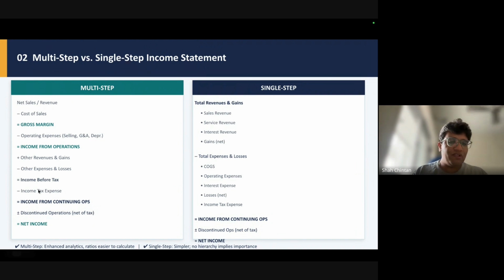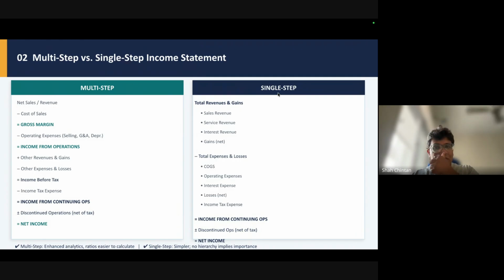Minus income tax, you get income from continuing operation. Plus or minus you have a discontinued operation which is net of tax. We will see in a moment in the next couple of slides what is discontinued operation, and then we will solve one example as well. So income from continuing operation plus income from discontinued operation gives you a net income. So this is the multi-step approach.